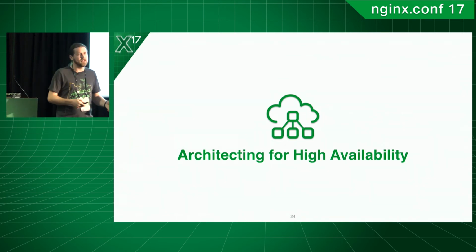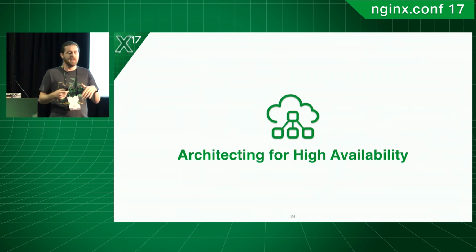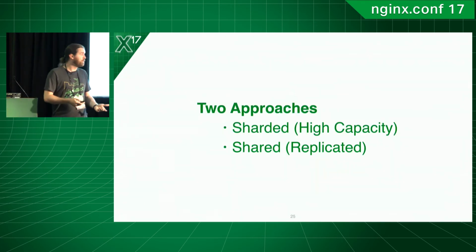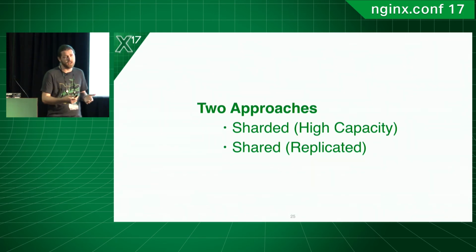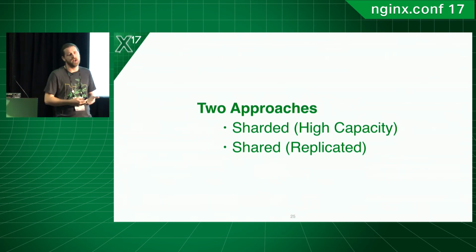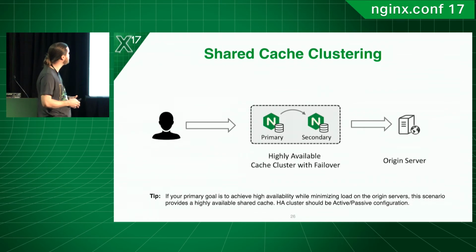What I'm going to talk about today is particularly how you deal with a large amount of cache. If you need more than 1 or 2 instances of NGINX, what's a good way to utilize the cache? There are two main approaches. One is sharded cache, designed for high capacity, and then we have a shared and replicated cache. I'm going to show what those look like here.